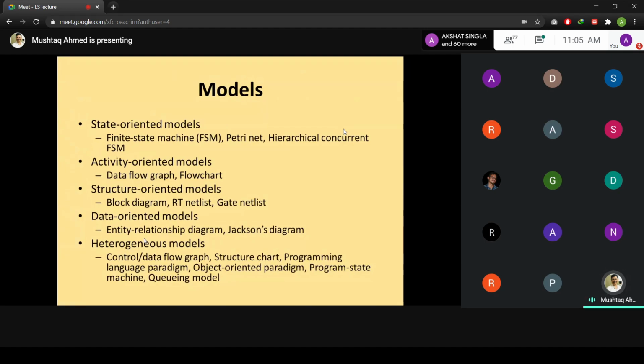But the constraint pertaining to this state-oriented model is that it is only functional for a small part of the system, where you can define those states and their triggerings and the connectivity from one state to another state.